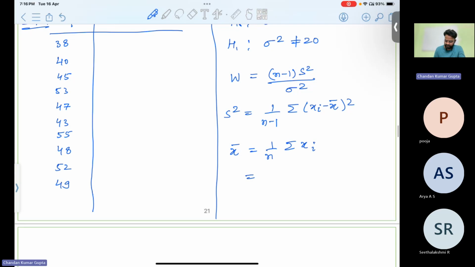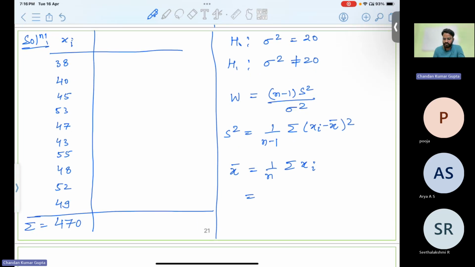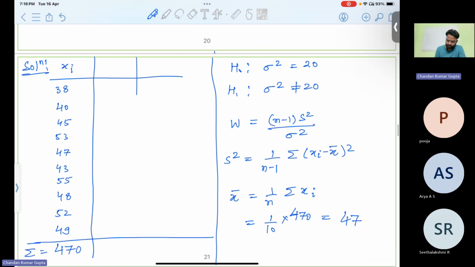So when we add these, it comes out to be 470. The sum of xi's is 470 and the value of n is 10, so 1 upon 10 into 470 comes out to be 47. Our next column will be xi minus 47, which is xi minus x bar.